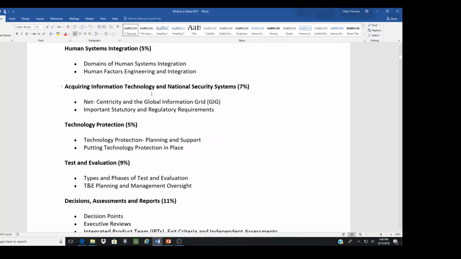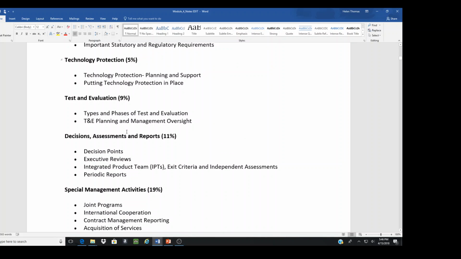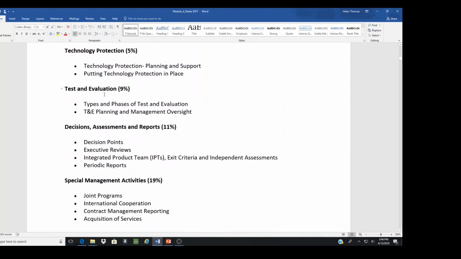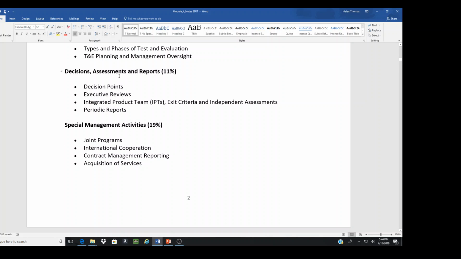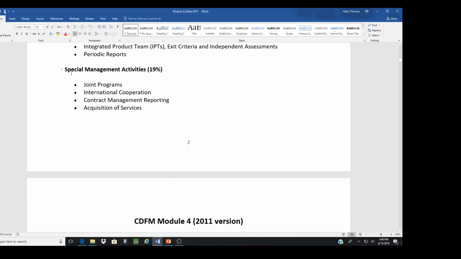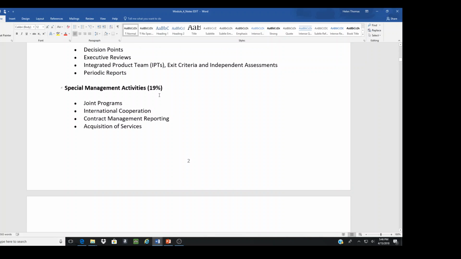Acquiring information technology and national security systems, 7%. Technology protection, 5%. Test and evaluation, 9%. Decisions, assessments, and reports, 11%. And special management activities, 19%.